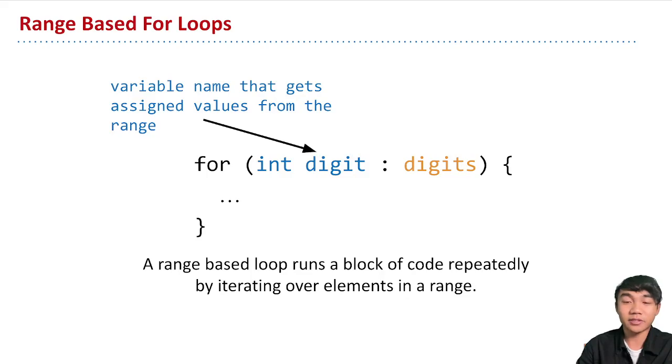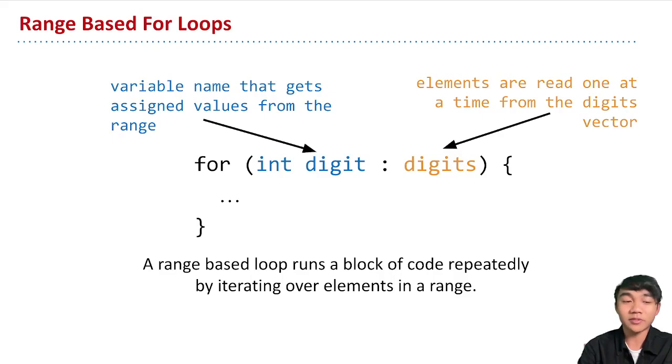So we specify to the right of the colon the range, or the sequence of elements, which in this case is going to be a vector of ints, digits. And for every iteration, we read one at a time the digit within the digits vector and we'll assign it to the digit variable here.